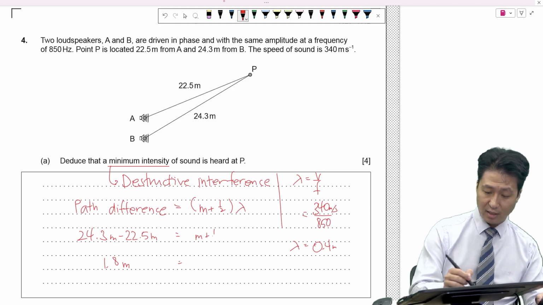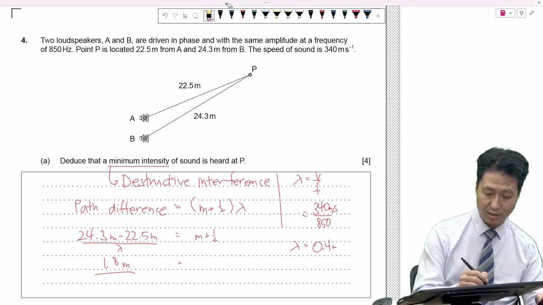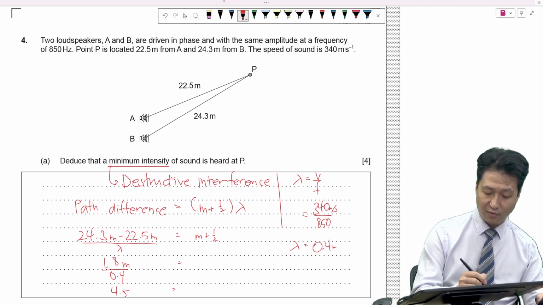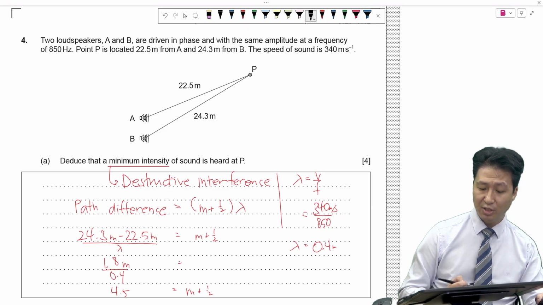So we have m plus 1/2. Let's divide both sides by the wavelength, which is 0.4, and you get about 4.5 wavelengths. And this satisfies the condition.